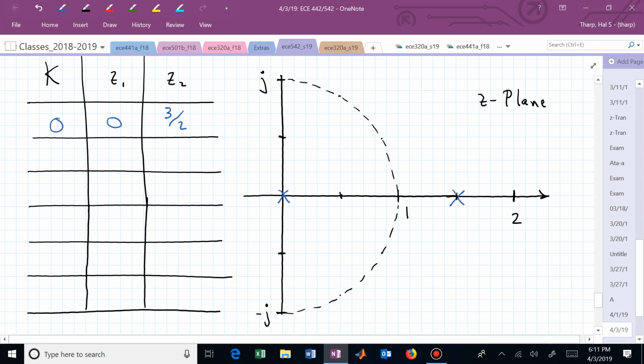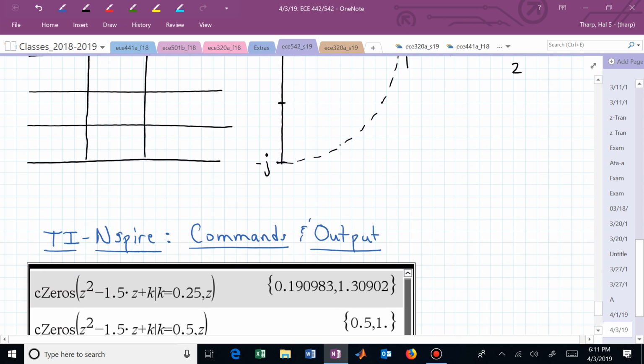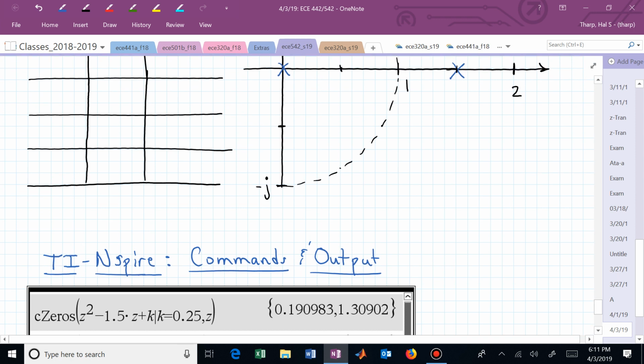And now we can just start increasing k. And let's not go too small. Let's say we put in a k of 1/4. I can do that with a different calculator.